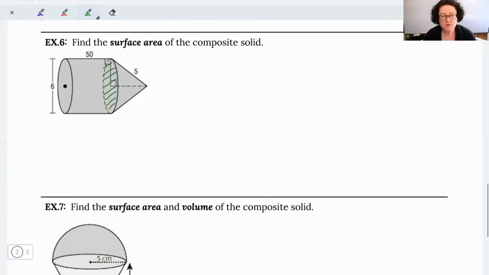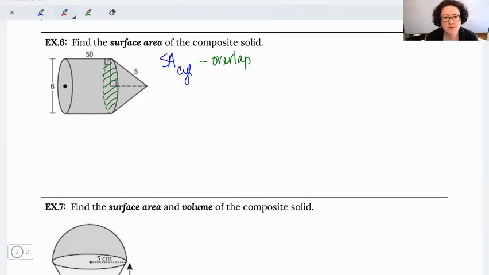So eventually we're going to want to take that circle out of the mix. So let's think about our cylinder. We could take our surface area of our cylinder, then subtract out that green circle, subtract out our overlap, but then we still have our cone.